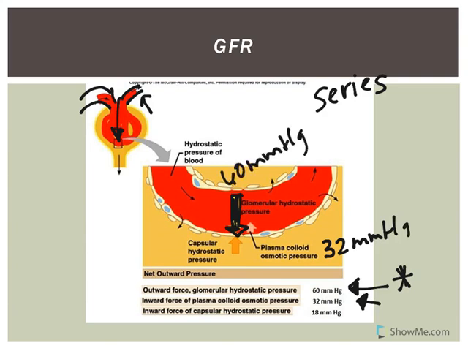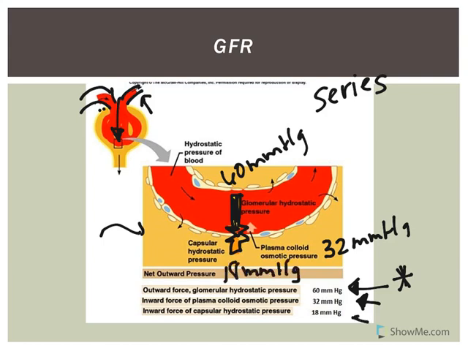And then we also have in the Bowman's capsule, because this is what you're seeing here, a capsular hydrostatic pressure, because you have fluid that's being filtered in there, and that actually is a positive number, and notice it opposes filtration, and it's 18 millimeters of mercury.